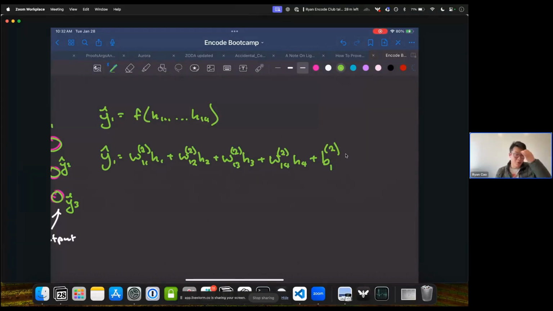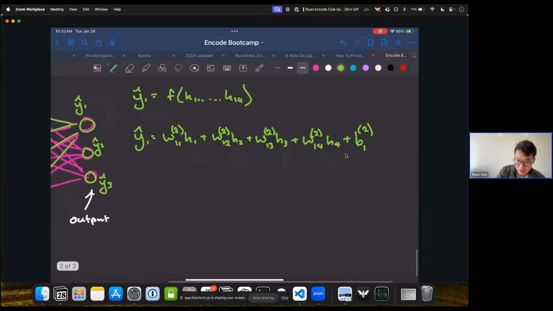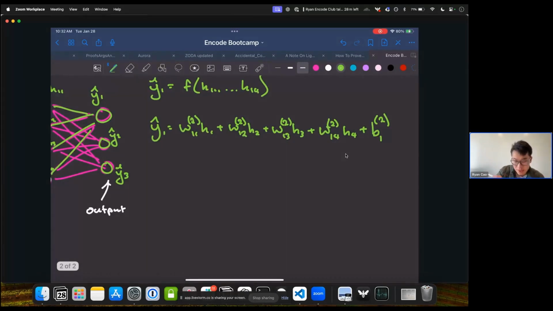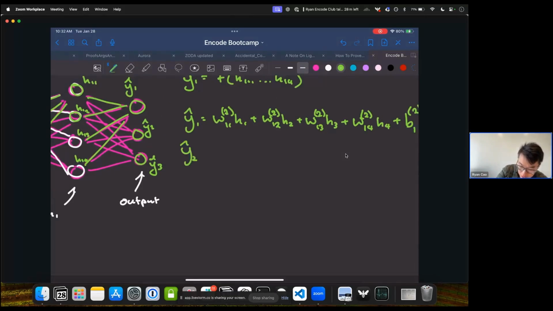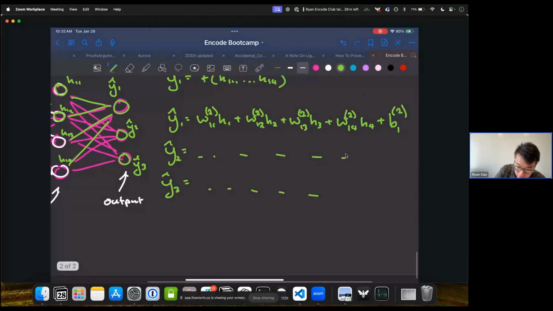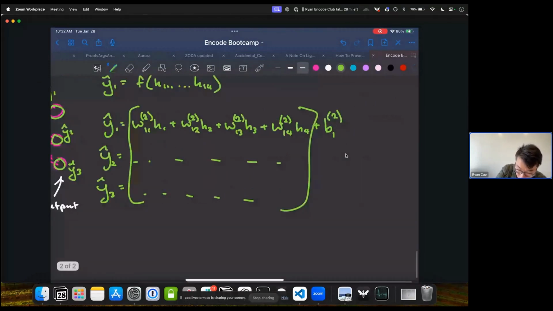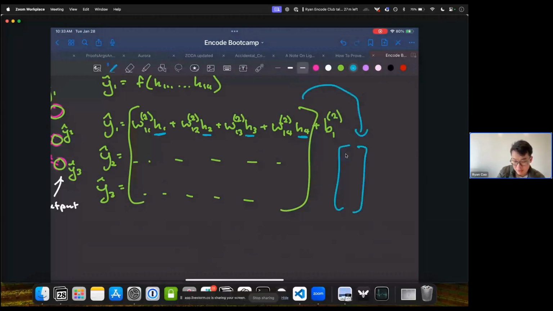Okay. Again, if we look at this as the matrix vector product, it'll be very similar. We have y1 here, we have y2, which equals a very similar thing, and y3, which equals a very similar thing. If we take all of these weights and arrange them into the weight matrix, and then arrange the h's into a vector, then again we have a matrix vector product.